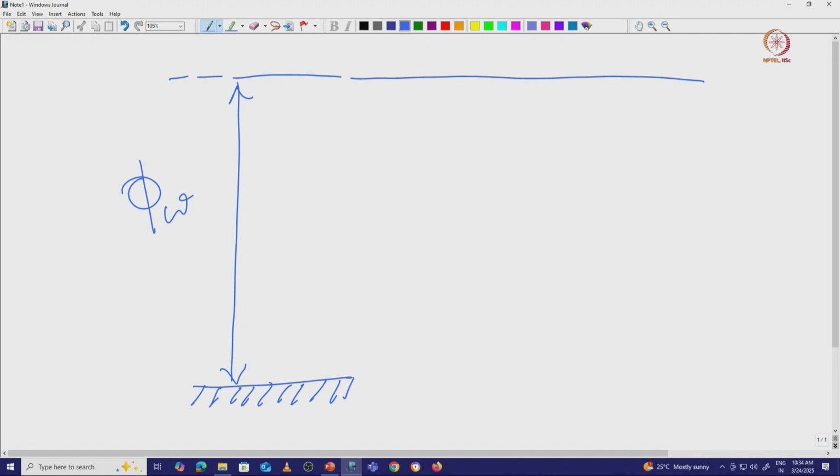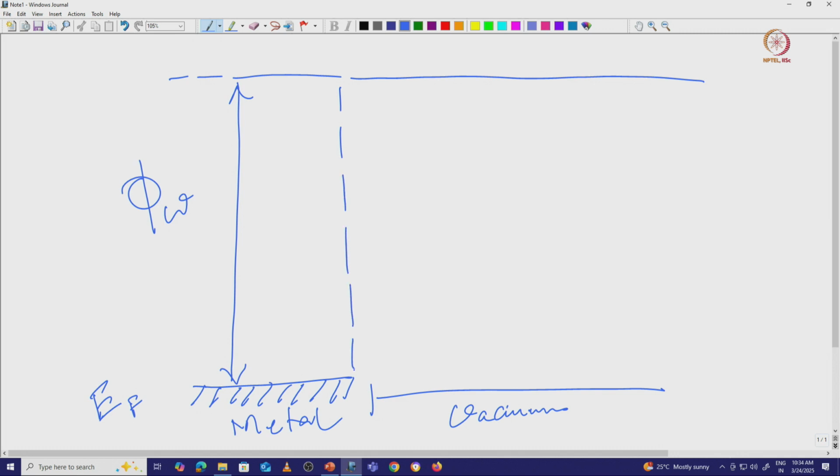This is for the tungsten filament we are drawing at the beginning. Then the electric field, this is the metal, this is called vacuum. Now, we are giving the heat energy to extract that electron.